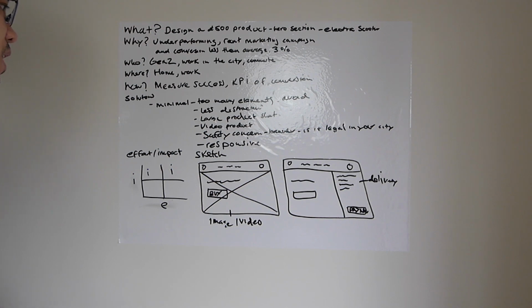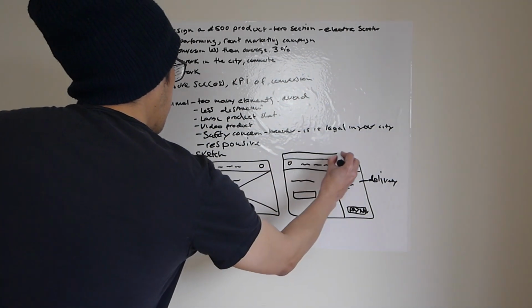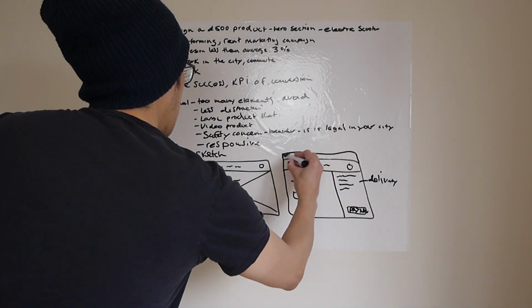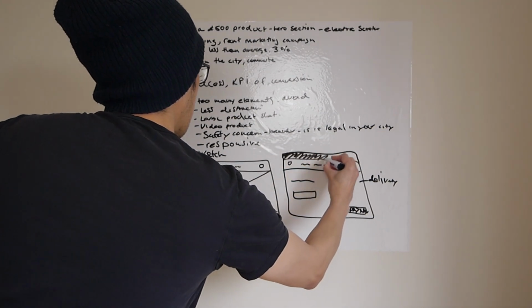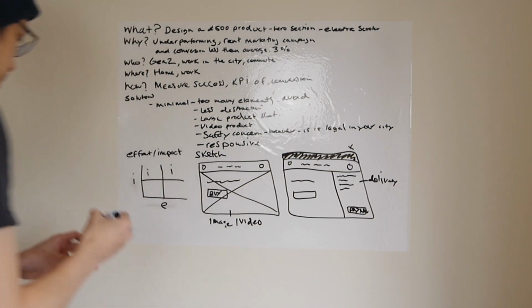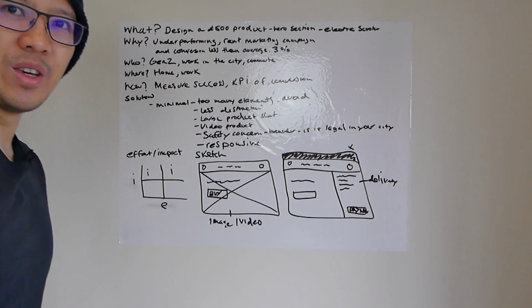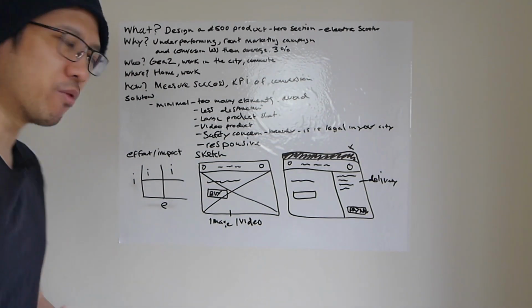So maybe we can have a banner. Is it legal in your city? So that might be another thing I did put, right? So we can have a banner here. And it could be like an X. And also we need this to be responsive. Of course, this is really default nowadays.